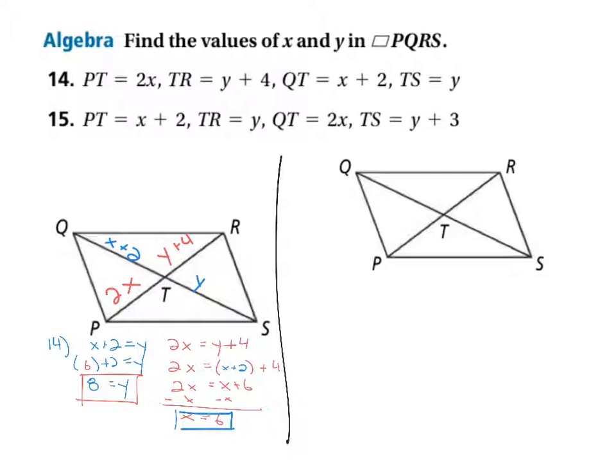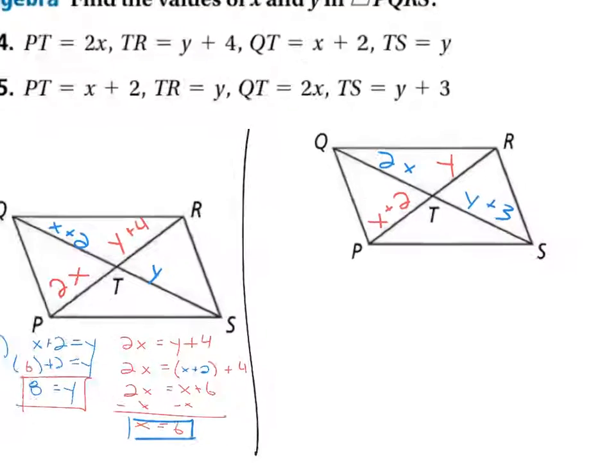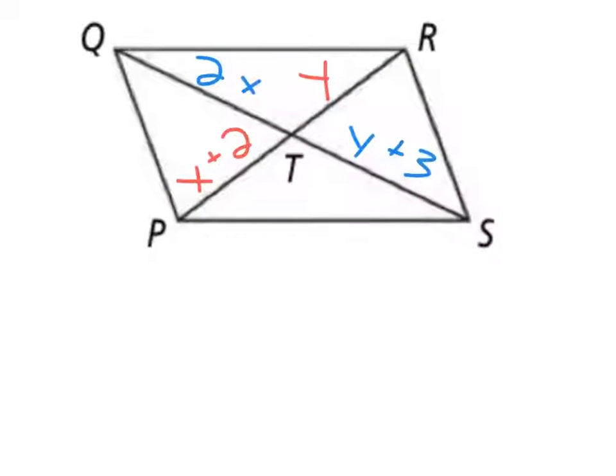We know that PT is equal to x plus 2, and we know that TR is y. We also know that QT is 2x, and TS is y plus 3. So I'm going to zoom in on this, and we're going to solve this here.